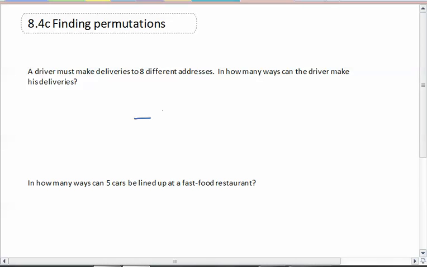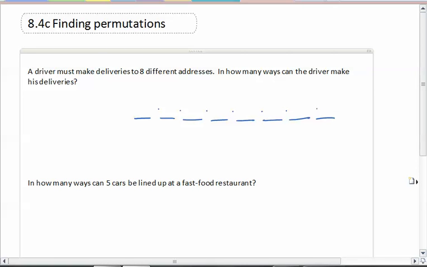Well, because we're not dealing with numbers or letters like in the license plate situation, we're dealing with actual deliveries, packages, things like that. We can't use one of the packages twice or make a delivery again. So repetitions are not a part of a permutation.